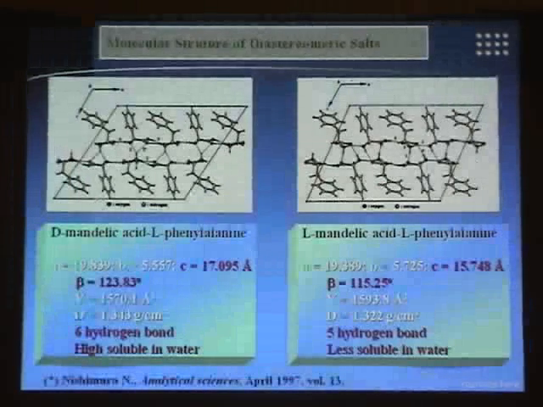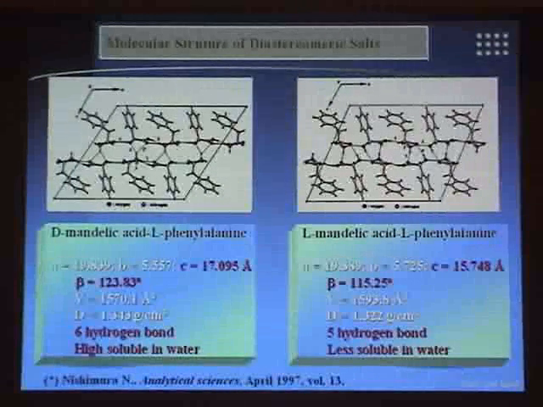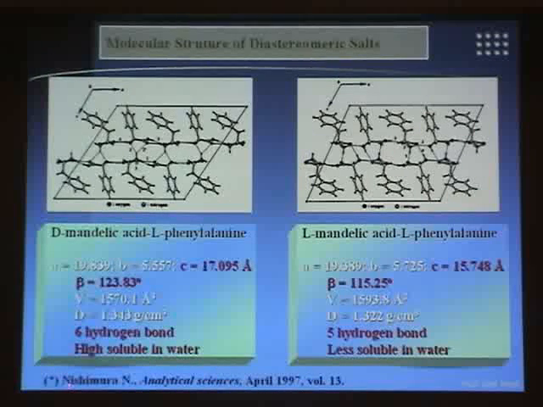And here is the molecular structure of the diastereomeric salts, published by Professor Ishimura in the Analytical Sciences journal. For the D-mandelic acid L-phenylalanine diastereomer, we have 6 hydrogen bonds.